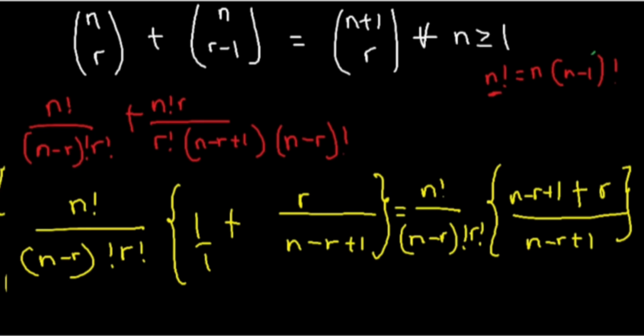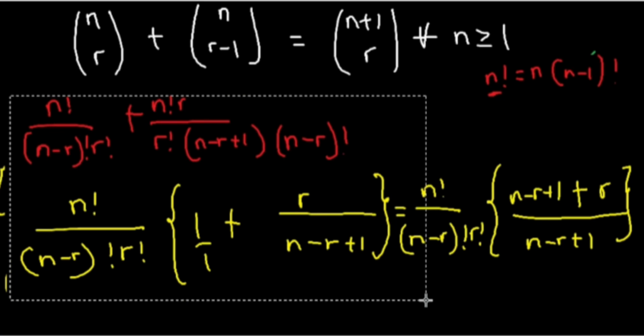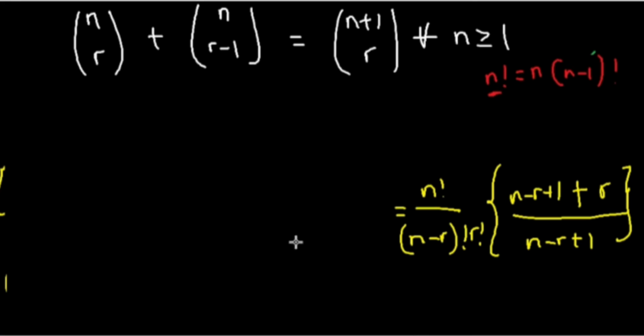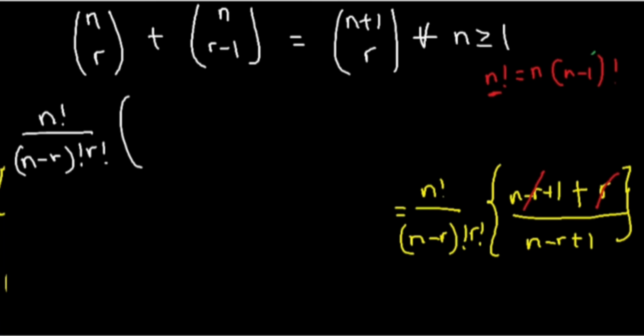Alright, very interesting. So I can now have N factorial over N minus R factorial into, don't forget that this R here can cancel this one here, so I'll be left with N plus 1 over N minus R plus 1.